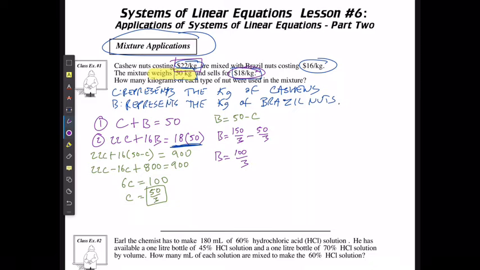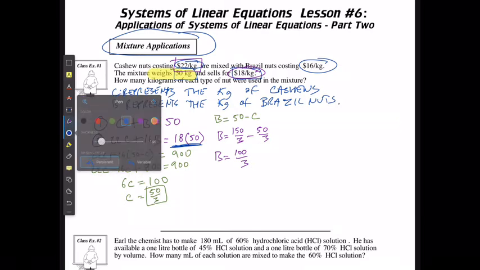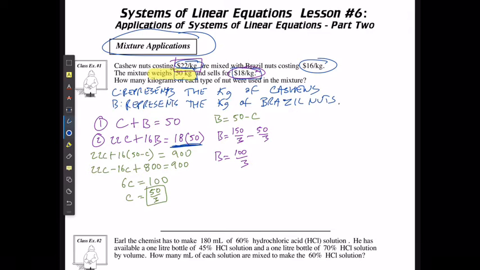Now, if it wants me to give this as a rounded answer, it's going to be approximately 16.7 kilograms of cashews and 33.3 kilograms of Brazil nuts were purchased.